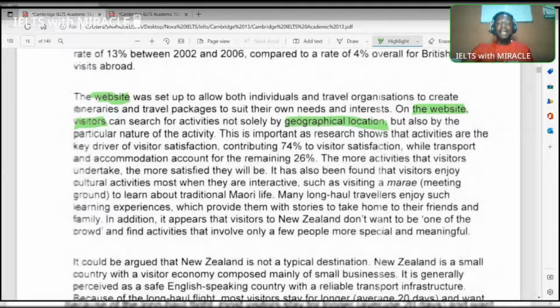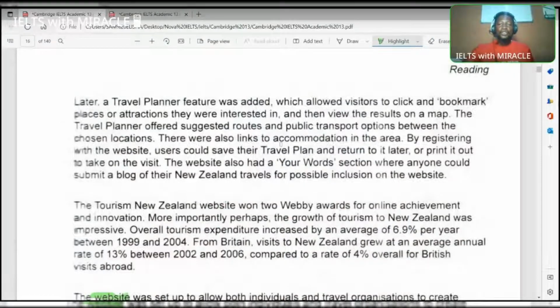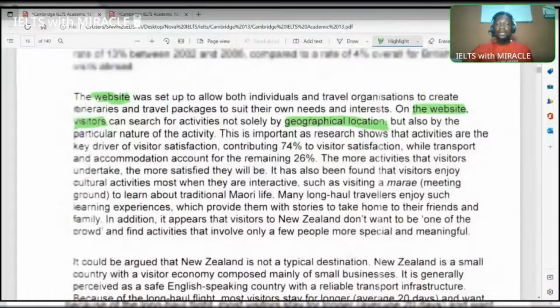I think on the next page, the third paragraph on the next page, you would see geographical location. Now, we read the statement. It says, on the website, visitors can search. So they told us that, yes, visitors can search for activities not solely by geographical location, but also by the particular nature of the activity.